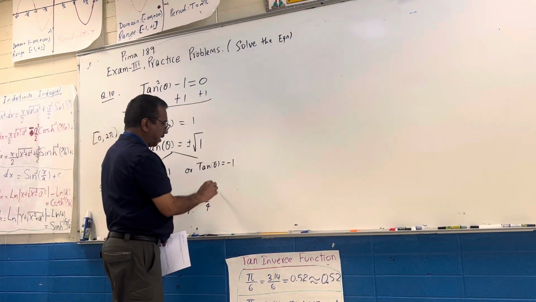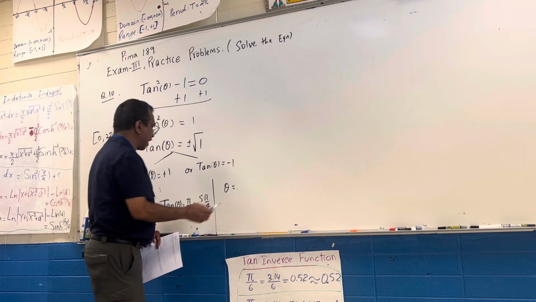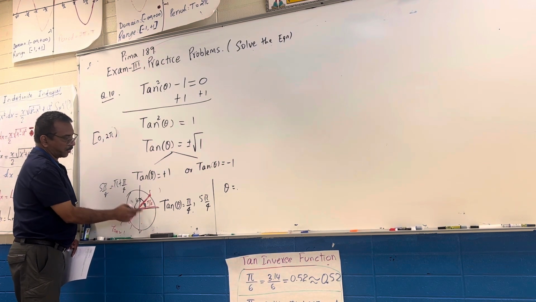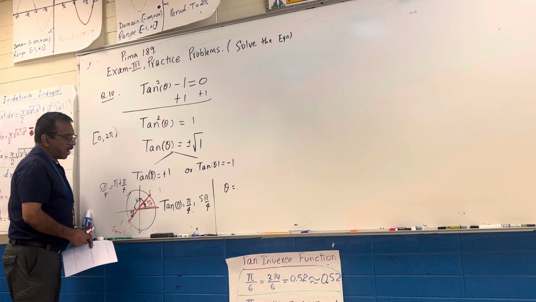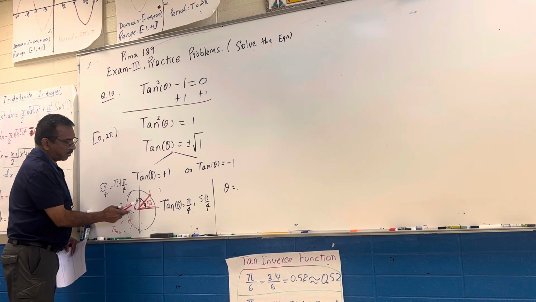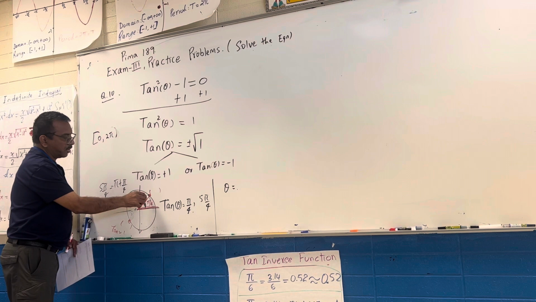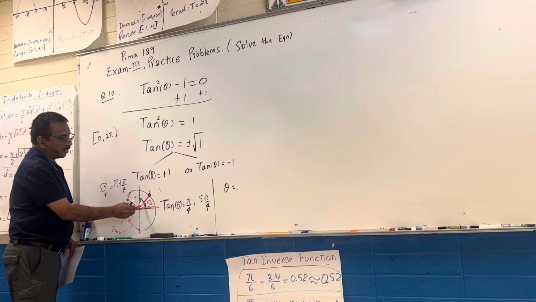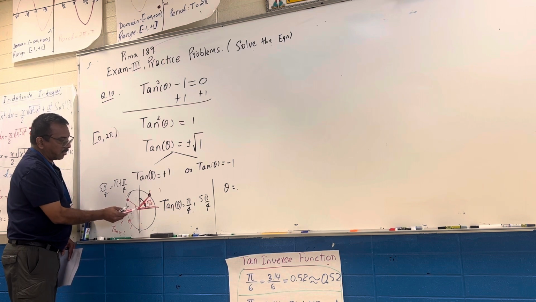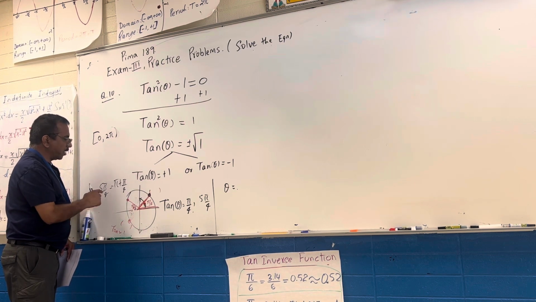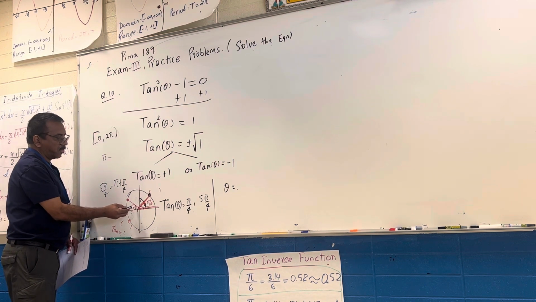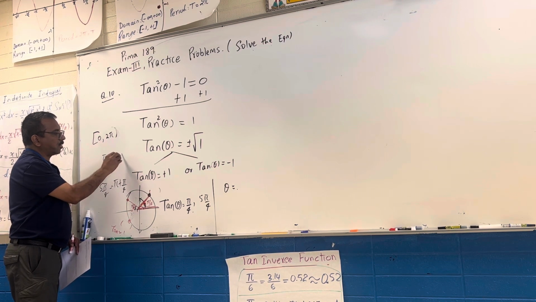Now in this case, tan theta equals 1 is one part. The second part is where tan is negative, and you can see tan is negative in the second and the fourth quadrants. So how do I get this? If this is the known reference angle, this also is pi by 4, see? So basically it's going to be pi minus, the right way to do it is the semicircle is pi, and you take away this 1 pi by 4, and you get 3 pi by 4.